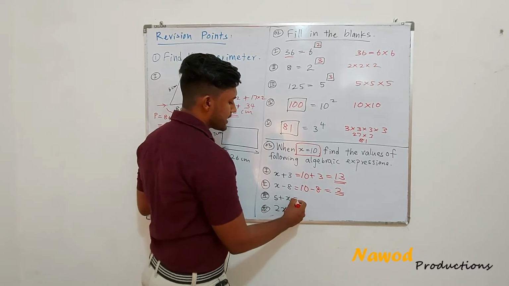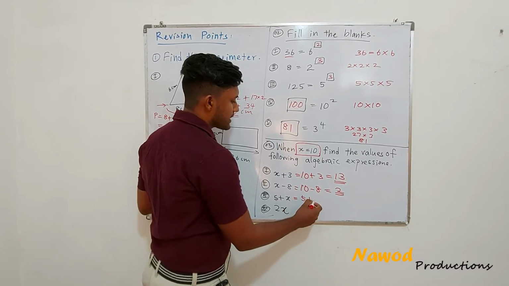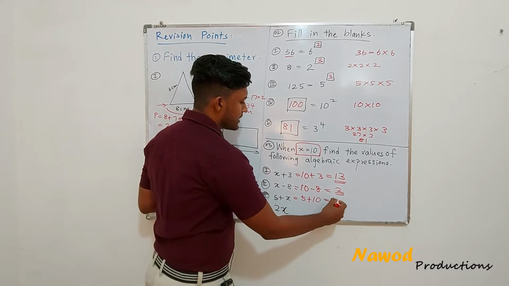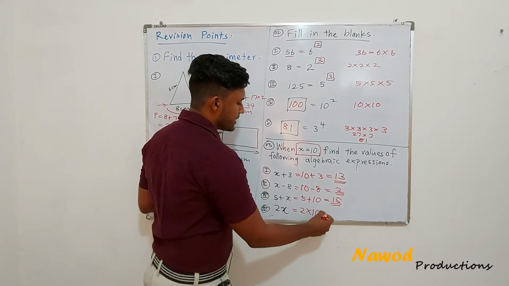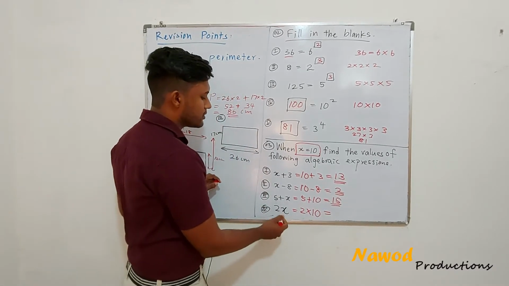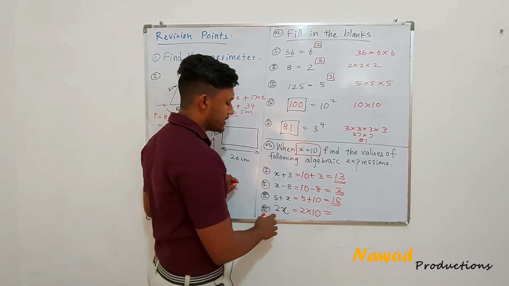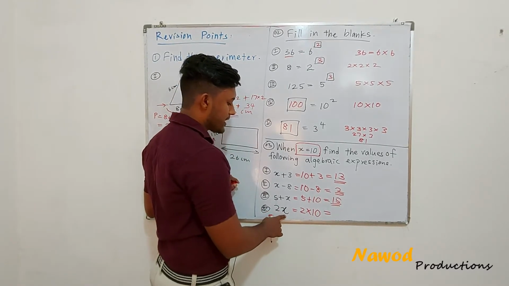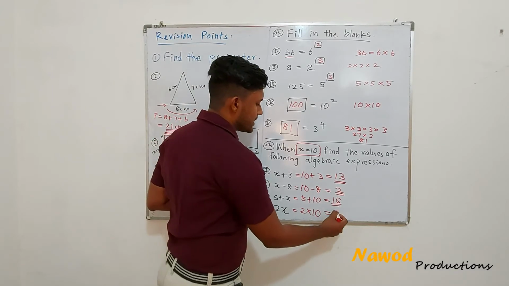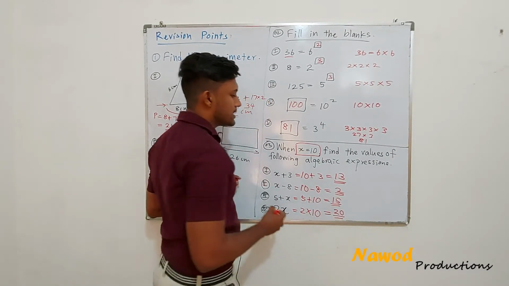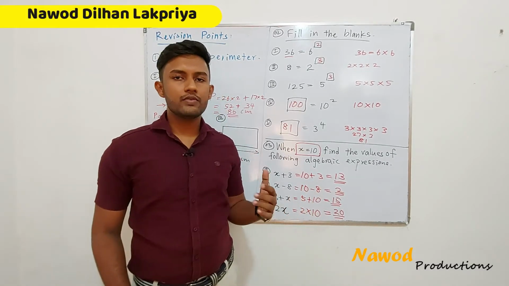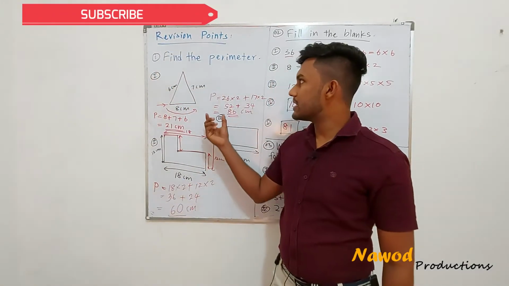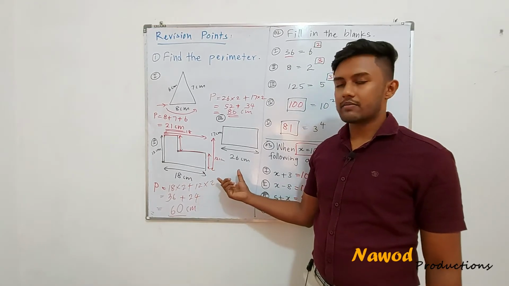Then 5 plus x means 5 plus 10, 15 is the answer. Then 2x means 2 multiplied by x, that means 2 has to be multiplied by 10, so the answer is 20. Like that, one by one we can obtain the revision points.